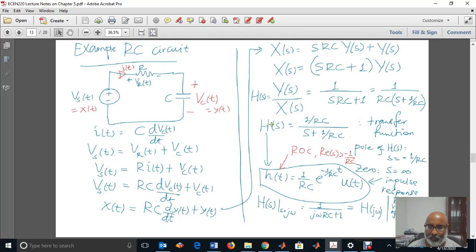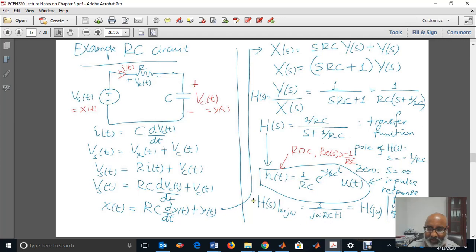So going from the Laplace domain to the time domain, you remember this is the impulse response of the simple RC low pass filter. And of course, when we go to frequency at s equal to j omega, we have 1 over j omega RC plus 1. We studied this also in chapter 3.